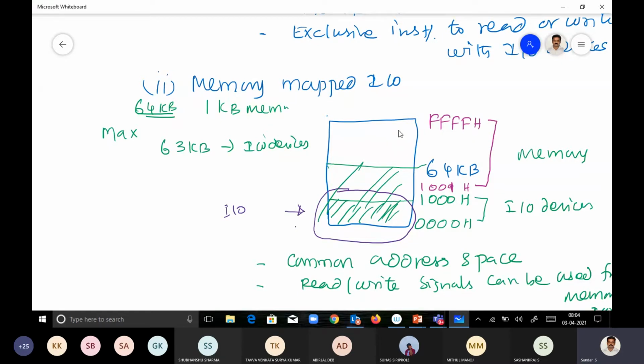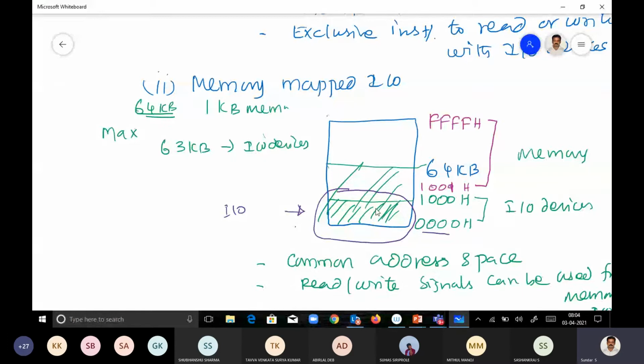This point is clear. So we took an example, 0000 to 1000H. It means we can assign this address to a device, this address to another device, and we can connect many devices with the processor in that case. These addresses refer to IO devices, not to memory. For this case, the memory starts from 1001H to the maximum capacity.